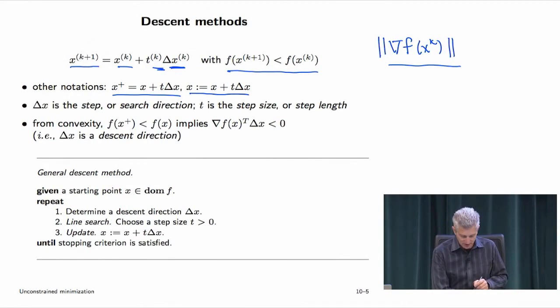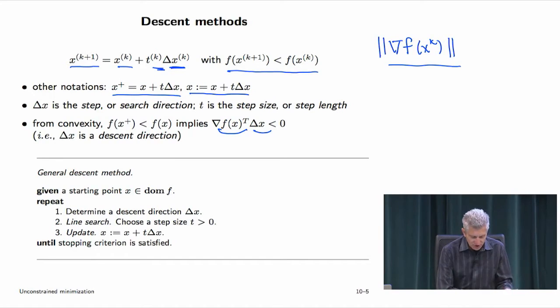And you just get cleaner notation. Now, if in fact f of x plus is less than f of x, so it's a descent direction, that says that the inner product of the direction you stepped in, that's delta x, and the gradient has to be negative. Okay? And such a direction is called a descent direction, right?